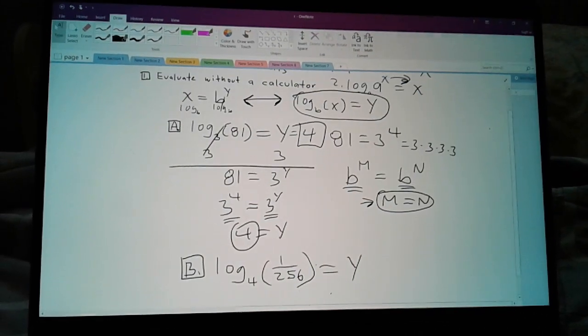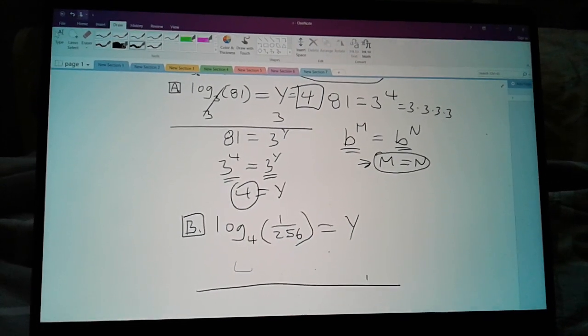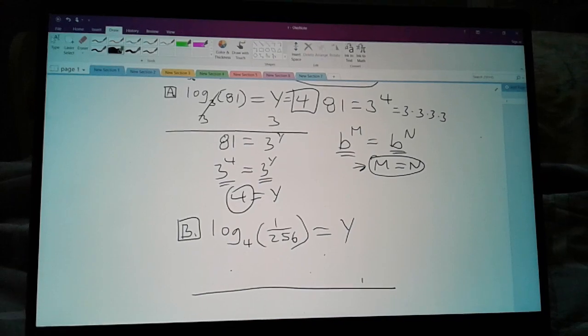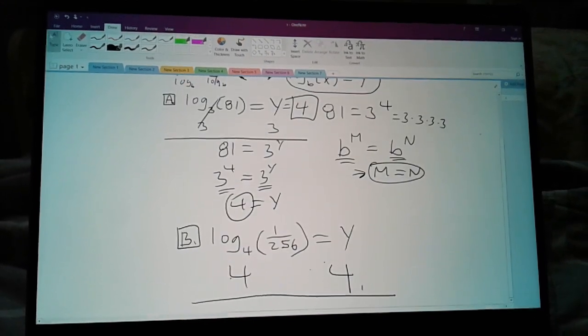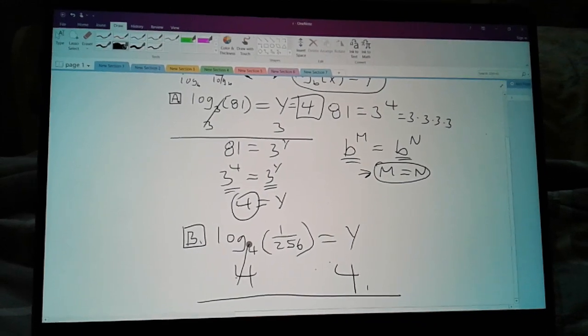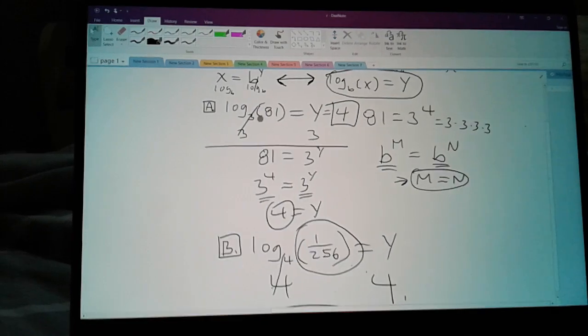Here it was 3. So it should be 4, like this. So just like 3 to the log base 3 cancel out, 4 to the log base 4 cancels out. So I have the argument, 1 over 256. Here it was 81.